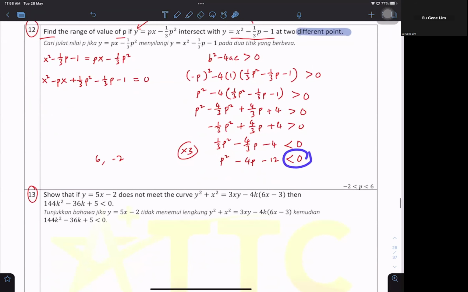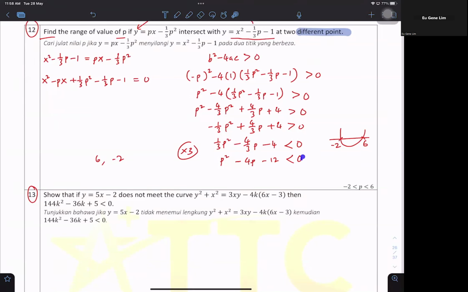You must always draw this one. Every time you have a bigger and smaller question, you press calculator, you get two answers. The smaller number put on the left, the bigger number put on the right.